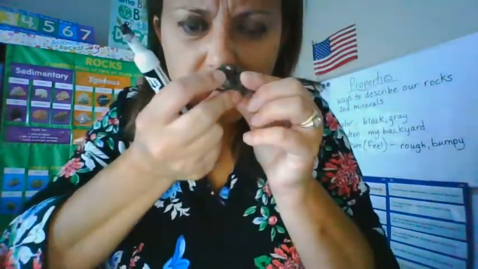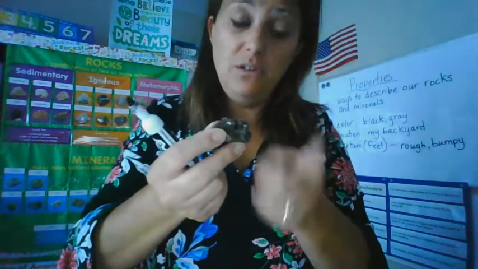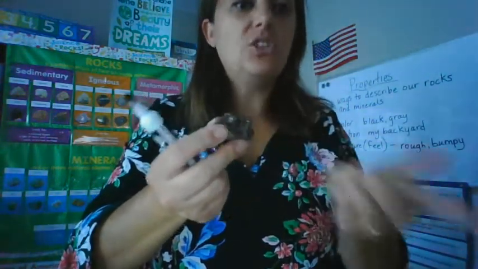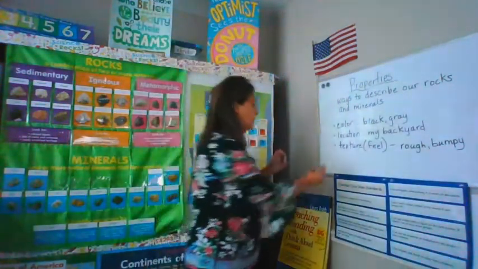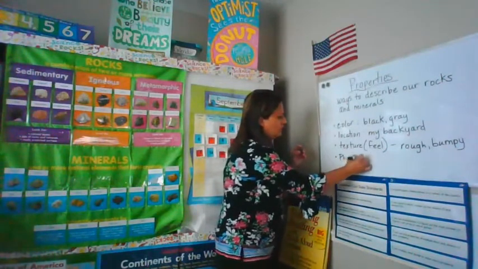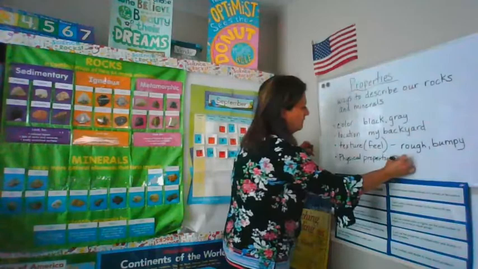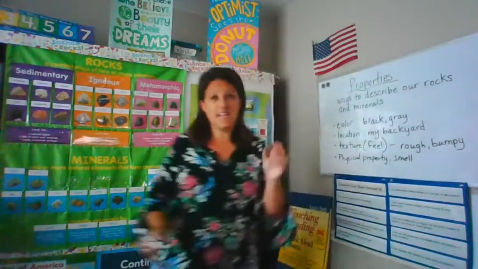So what are some other things? Well, smell could be a possible property we could use to describe a rock. That's actually called a physical property. Physical property would be the smell of it. You could also say taste, but we don't typically taste rocks, so we're not going to be tasting rocks.